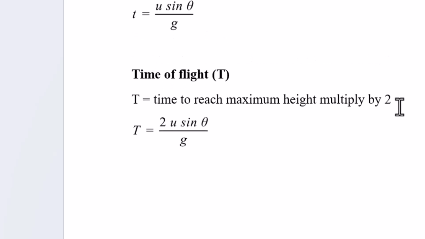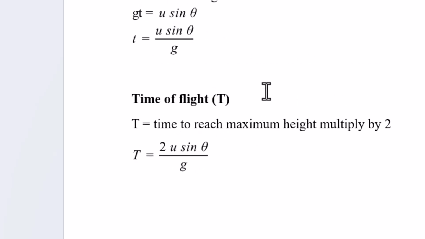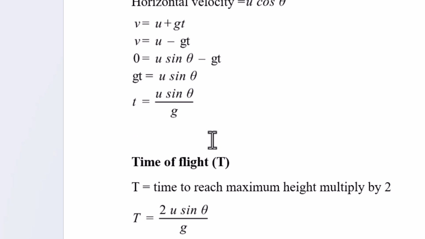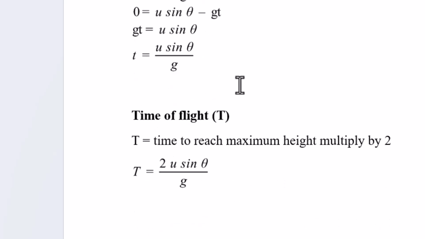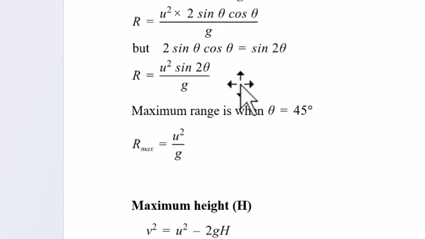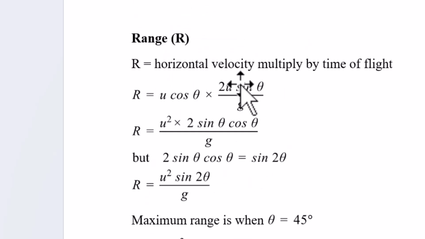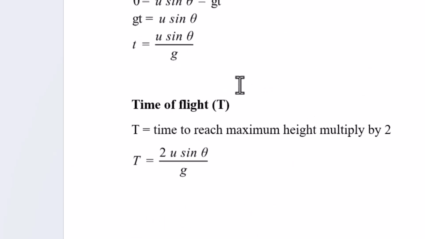Then time of flight is 2u sine theta all over g. Then the time to reach maximum height is u sine theta over g. So just take note of how we derive these three basic equations in projectile motion, which are maximum height, range, and time of flight. That is all I have for us in this video.